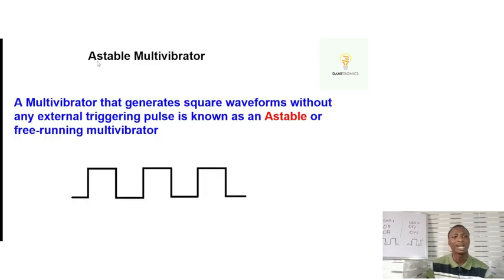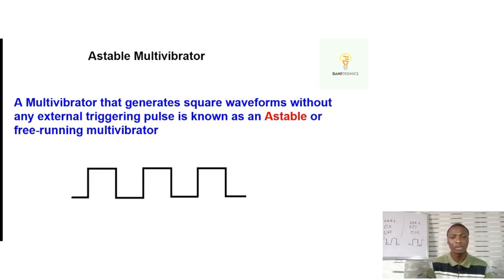Now, what is an Astable multivibrator? A multivibrator that generates a square waveform without any external triggering pulse is known as an Astable or free-running multivibrator. That means we design a multivibrator circuit that keeps generating square waves continuously without any triggering.